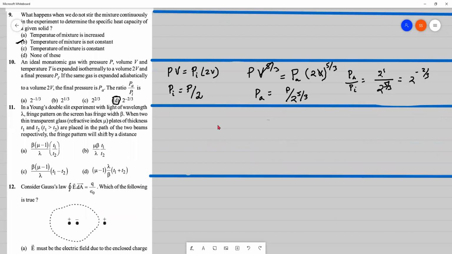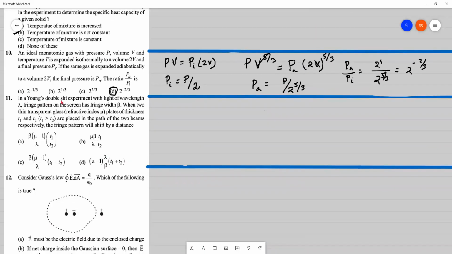So the next one is question number 11. In a Young's double slit experiment with a light of wavelength lambda, the fringe width on the screen is beta. When two thin transparent glass plates of thickness T1 and T2 are placed in the path of the two beams, respectively, the fringe pattern will shift by a distance.